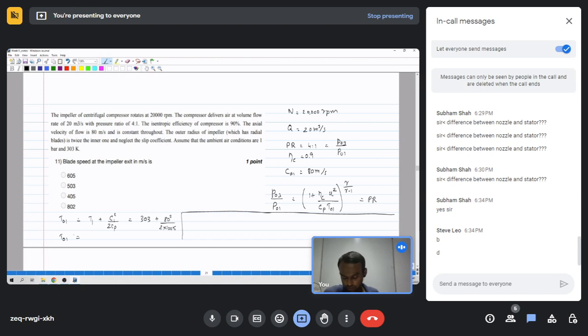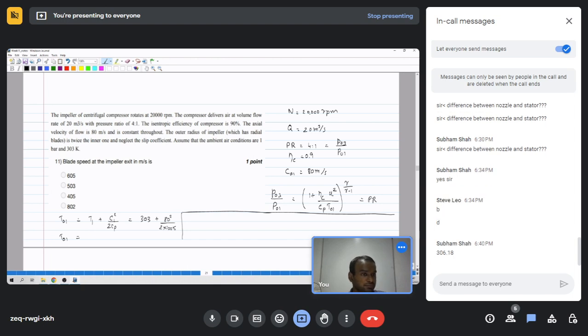Can you calculate the stagnation temperature? Yeah, it is 306.18 Kelvin.